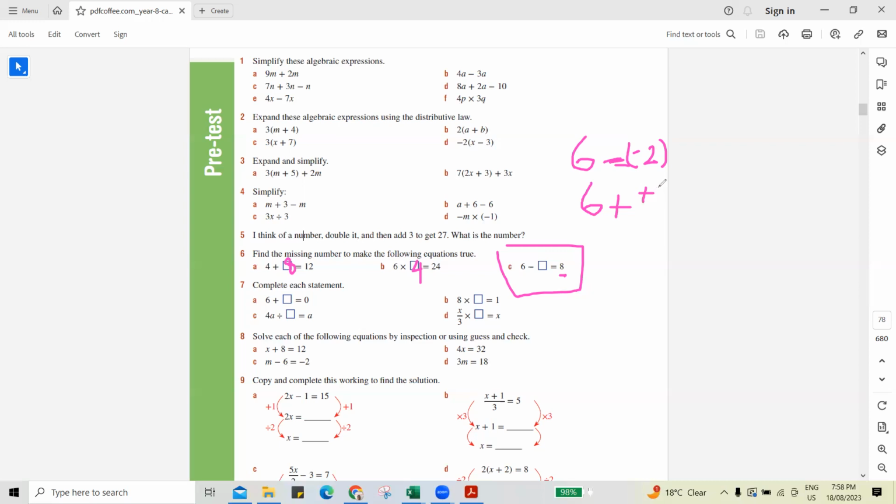Plus 2. That is a rule. If you want to change this one to plus, you also change the mark here. Then 6 plus 2, 8. Right, write down this.